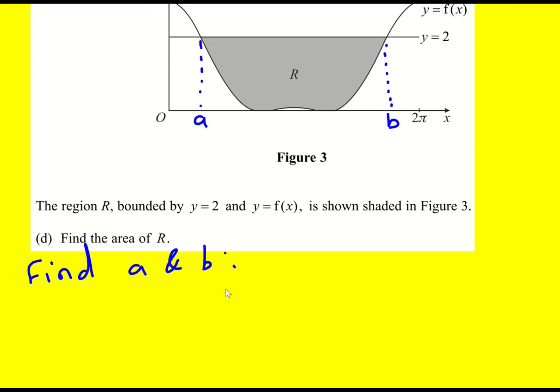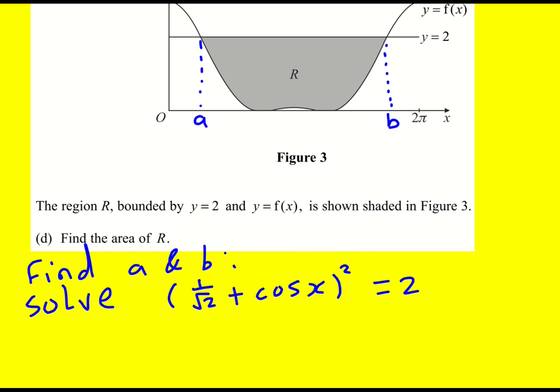And to do that, we'll solve the function, which is 1 over root 2 plus cos x all squared is equal to 2. That's where they're going to intersect. We can square root both sides.